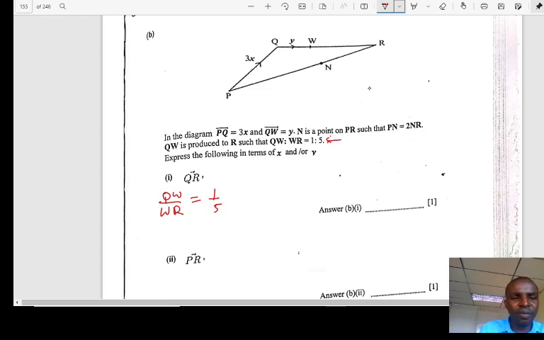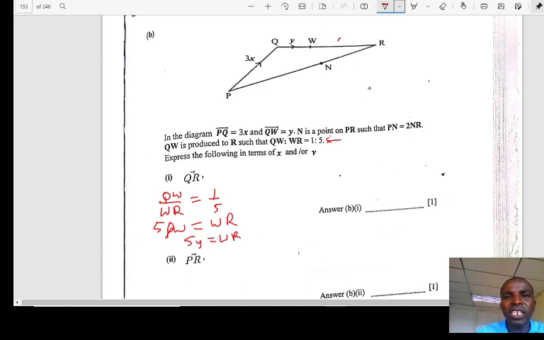So we can cross multiply: 5QW is equal to WR. In other words, 5 times QW is equal to WR. What is QW? We're given y. So 5 times y is equal to WR.